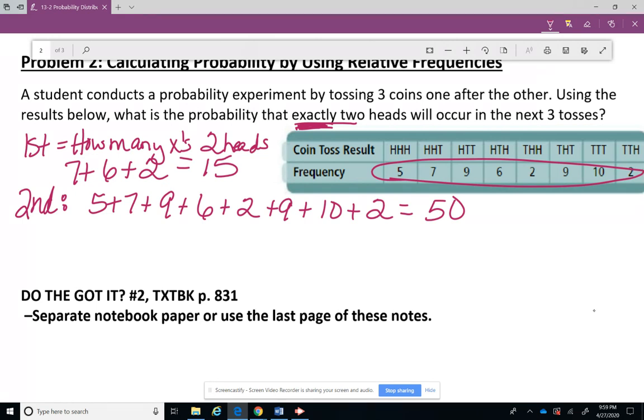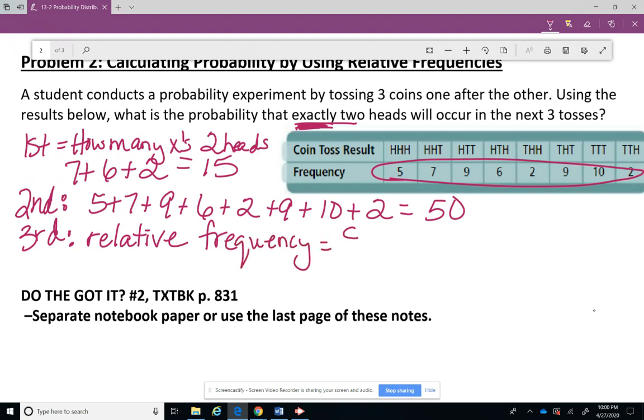All right, so your third step is you are going to find the relative frequency of a trial that has exactly 2 heads. So we're going to put relative frequency. I'm just going to write exactly 2 heads over the total frequency.